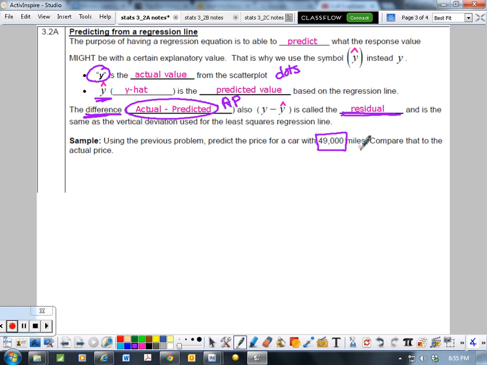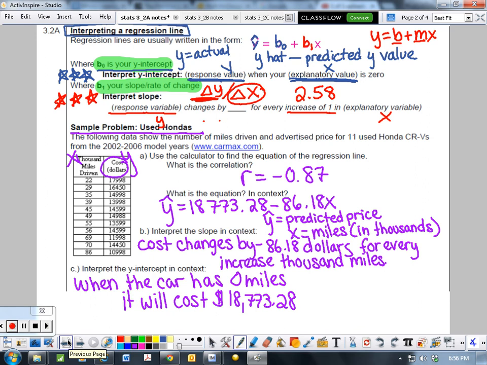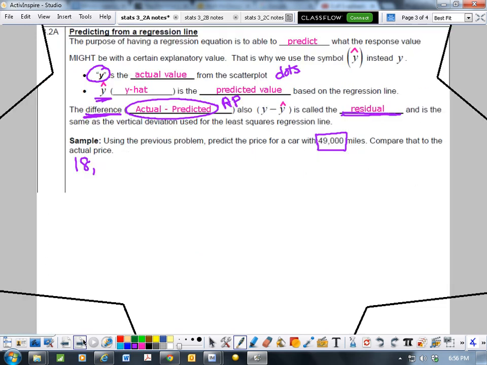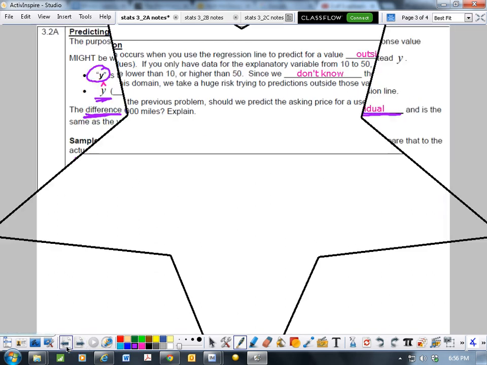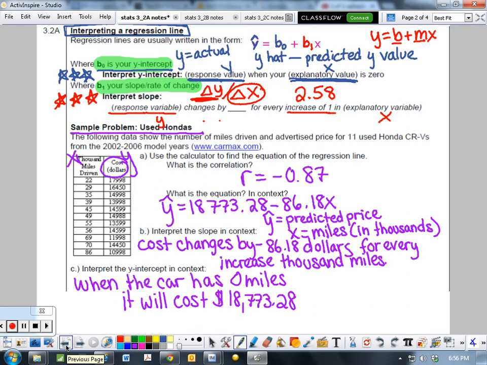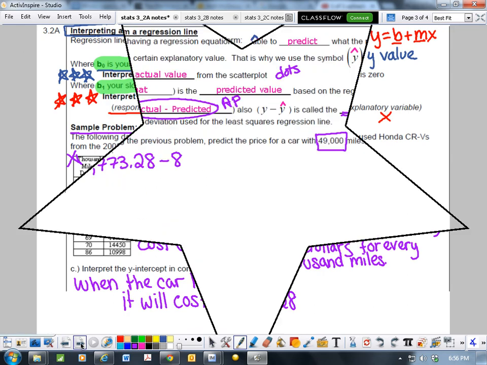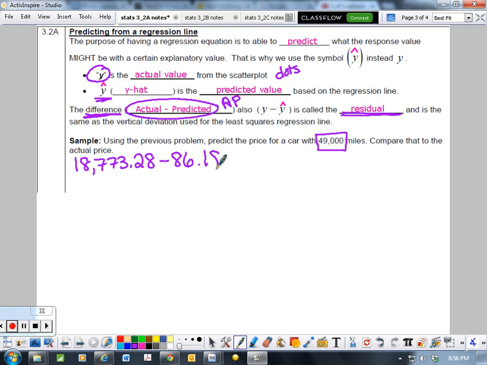Or you could go back to that regression equation and do the 18,773 minus the 86.18 times 49.